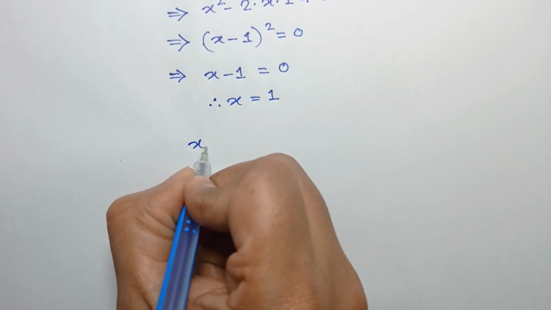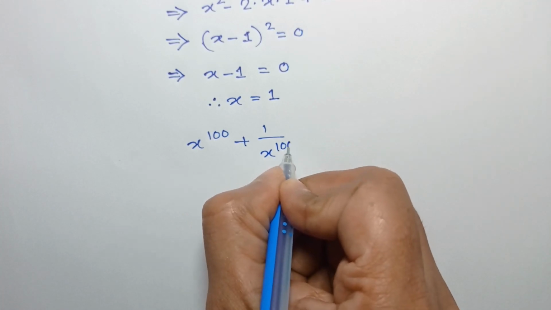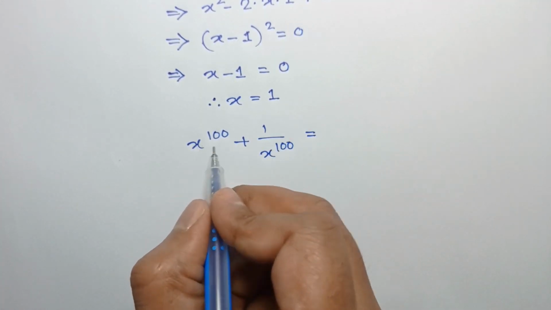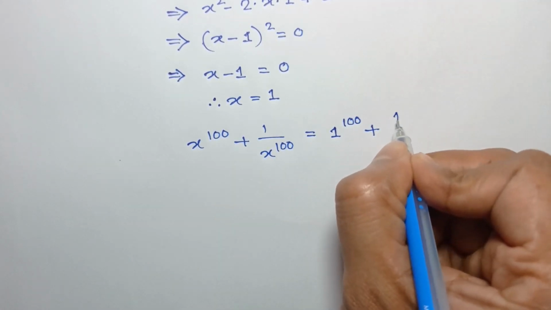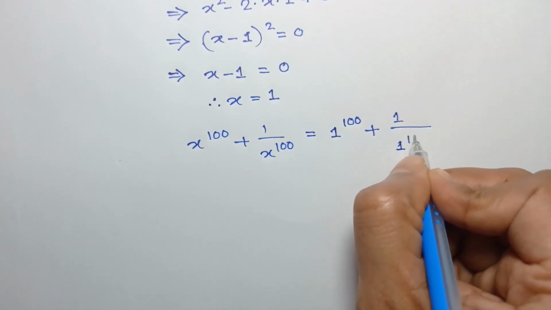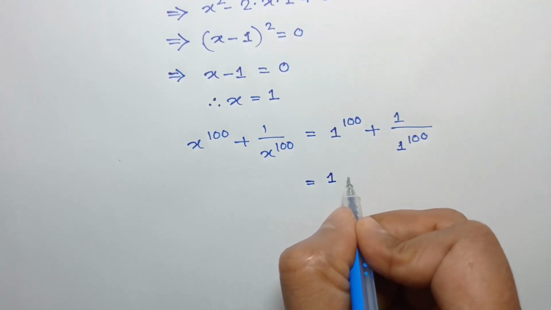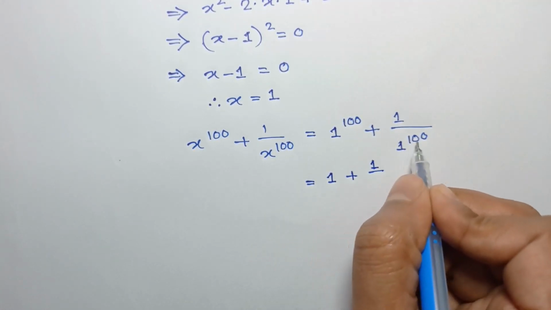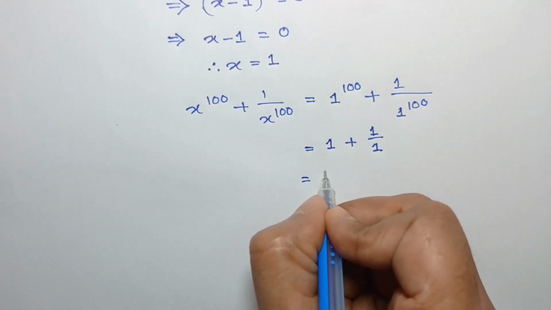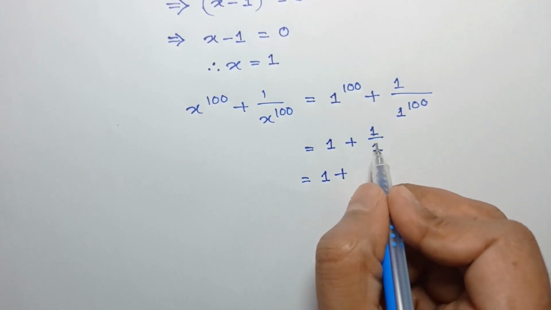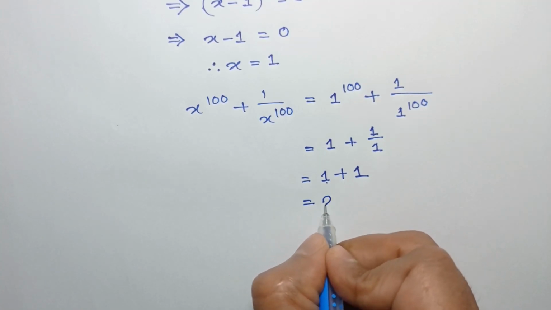So x to the power 100 plus 1 over x to the power 100 is equal to, the value of x is 1, so 1 to the power 100 plus 1 over 1 to the power 100 is equal to 1 to the power 100 is 1 plus 1 over 1 to the power 100 is 1 is equal to 1 plus 1 over 1 is 1 is equal to 1 plus 1 is equal to 2.